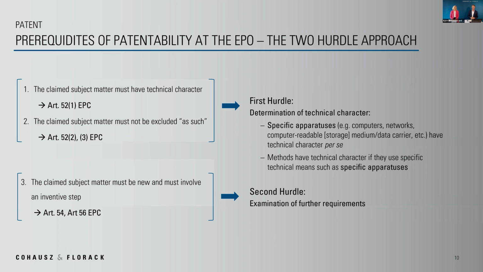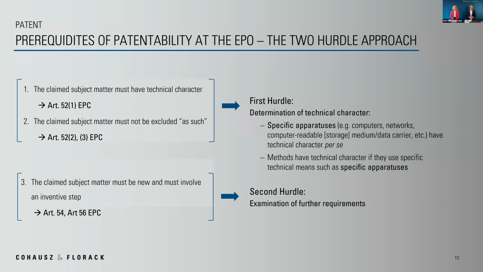If you have a computer with a processor and memory, then you are technical per se, because the processor and the memory enable performing the steps, and they are physical entities performing the steps, so you're not claiming just a computer program. So the first hurdle is quite easy to overcome, simply because you're claiming a processor and a memory, for example, or means for performing such steps, which is also enough in Europe to overcome the first hurdle.